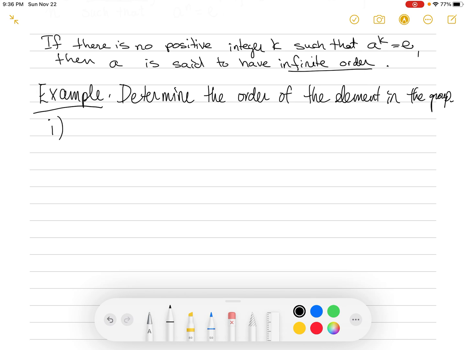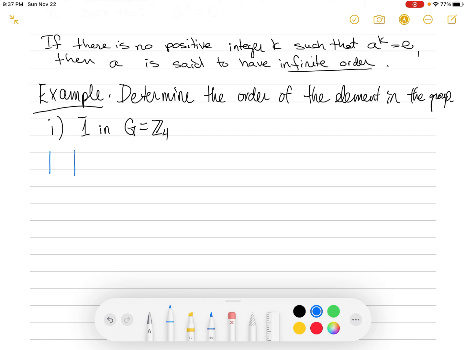Okay, so number one, I want to look at 1 bar in the group Z4. So what we want to do is find the order of 1 bar.